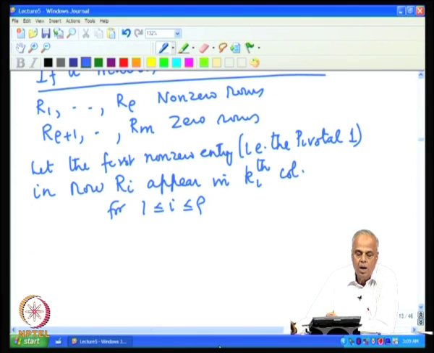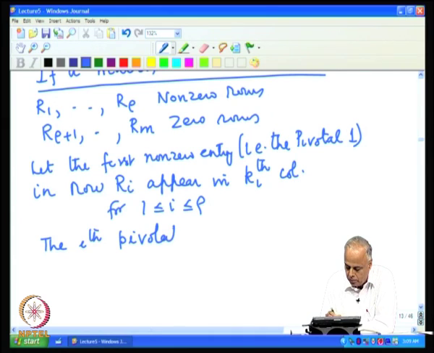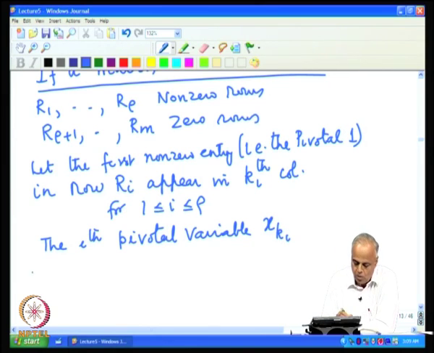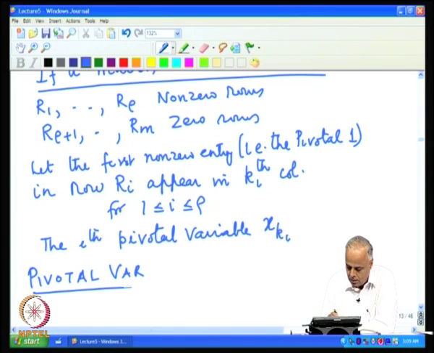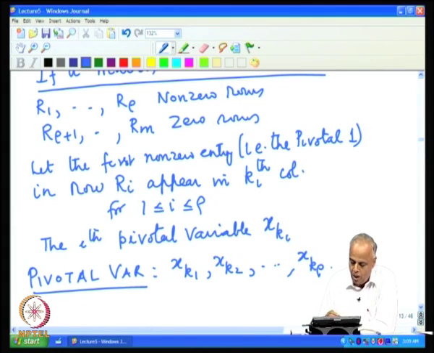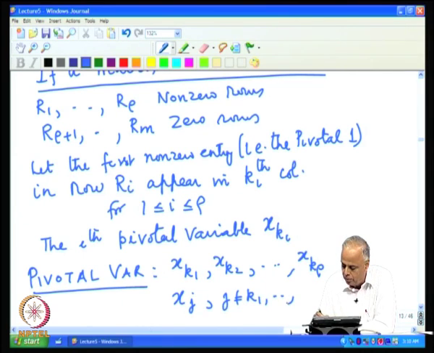So, the ith row has the non-zero pivotal 1 in the kith column. So, corresponding to this, the ith pivotal variable will be x_ki. So, we get all the pivotal variables as x_k1, x_k2 and so on up to x_k rho, and x_j for j not equal to k1, k2, ..., k rho are the non-pivotal variables.